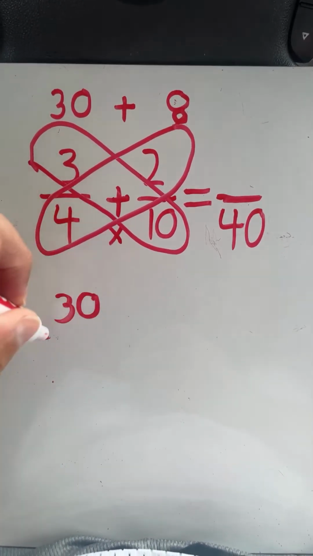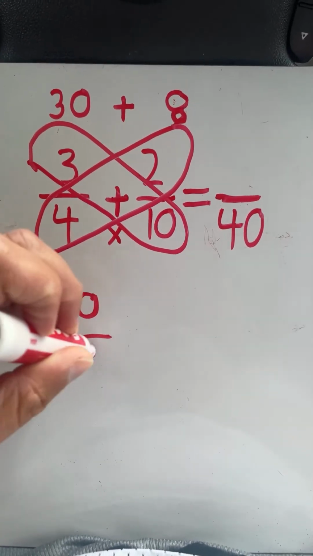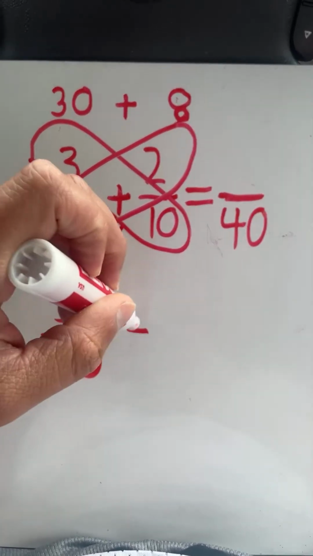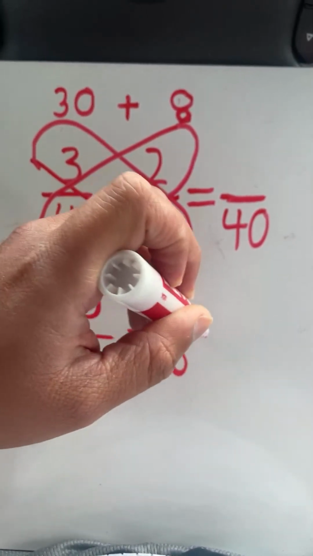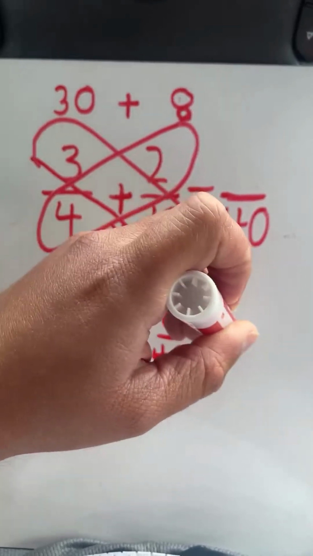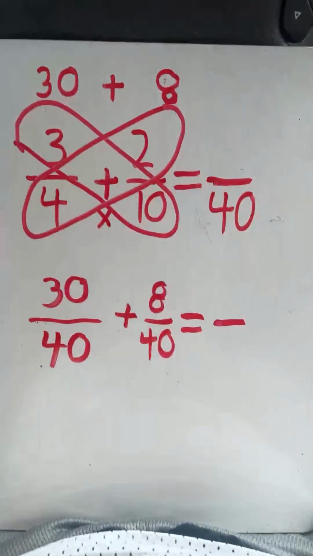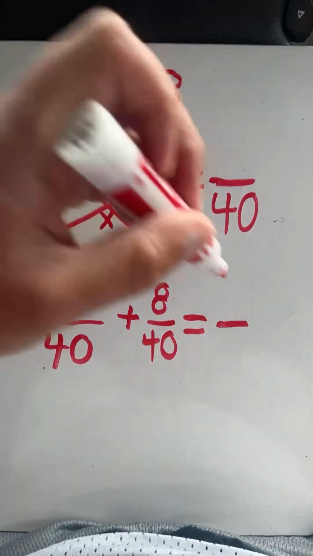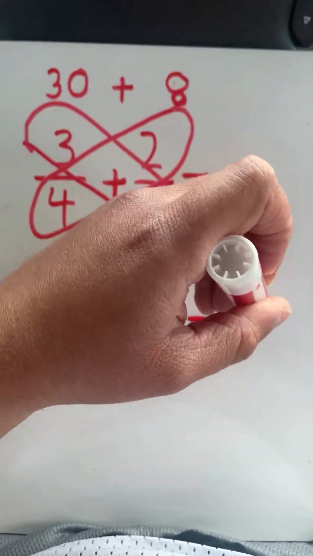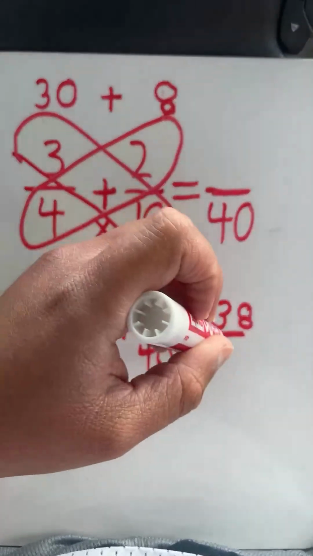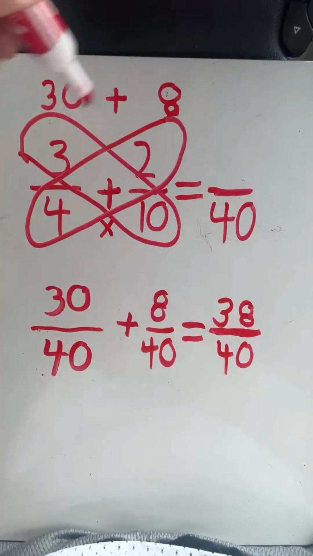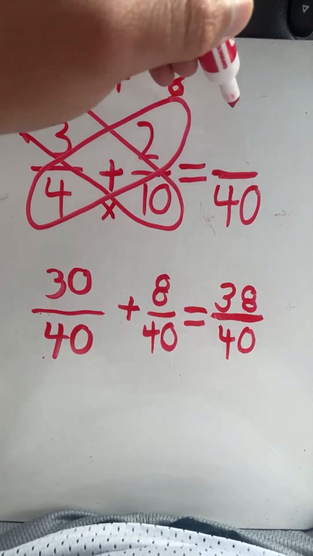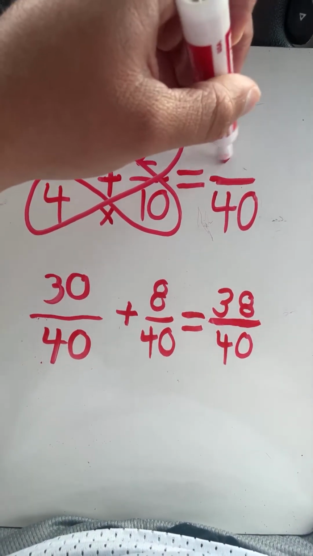So if we want to fully write out the problem with the common denominator, we have 30/40 plus 8/40. 30 plus 8 equals 38. Now that we have a common denominator, it can stay the same. And we have our answer, 3/4 plus 2/10 equals 38/40.